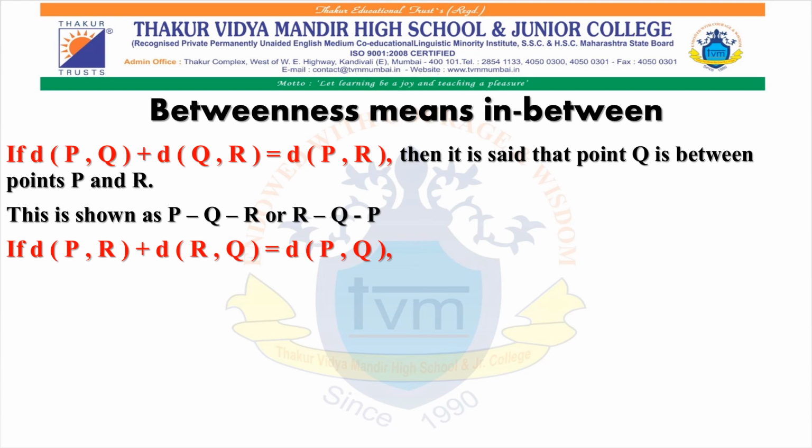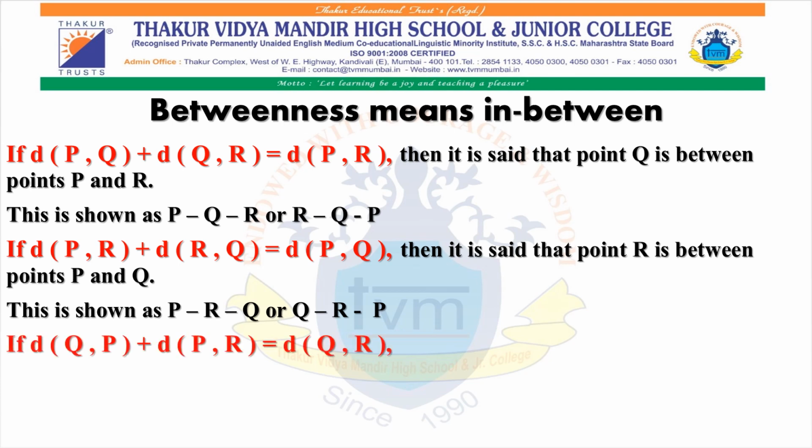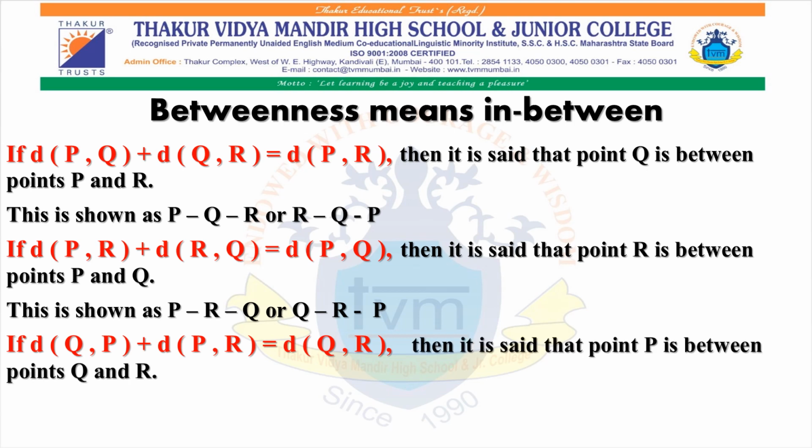If distance PR plus distance RQ equals distance PQ, then it is said that point R is between points P and Q. This is shown as P-R-Q, or Q-R-P. If distance QP plus distance PR equals distance QR, then it is said that point P is between points Q and R, and this is shown as Q-P-R, or R-P-Q.